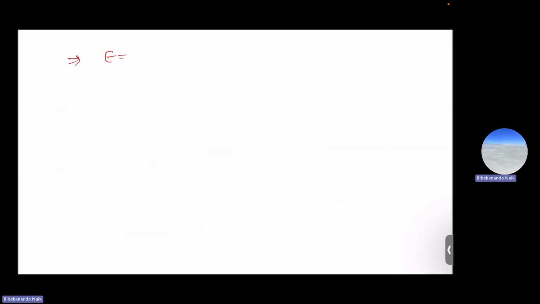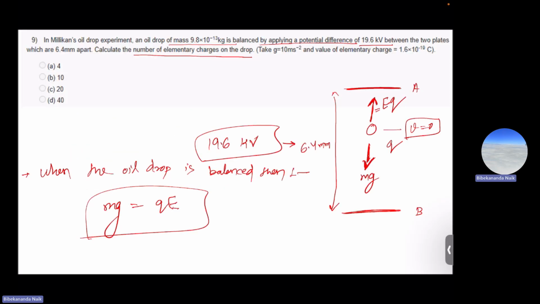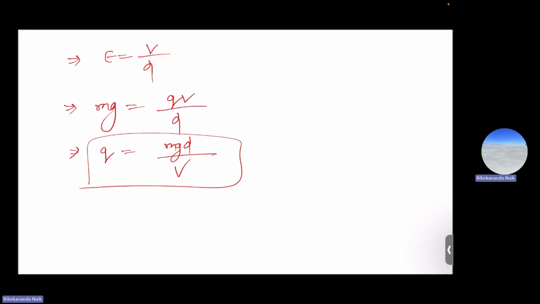We know E is equal to V by d. So we can write mg equals q V by d. Then what is the value of charge? The charge q will be mgd by V. So this is the expression required for calculating the number of elementary charges on the oil drop.